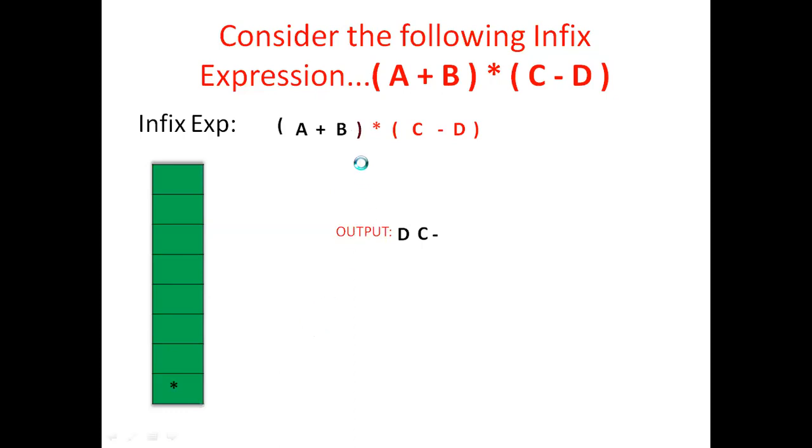Then the right parenthesis: simply insert it, because it is only valid when the left brace is reached. Next, B is an alphabet; simply print it to the output. Again an operator: check the right parenthesis. It is the lowest priority compared to plus, so just insert our operator into the stack.